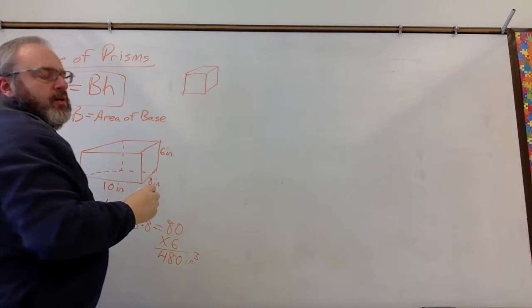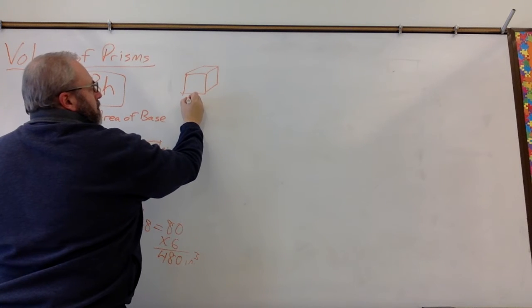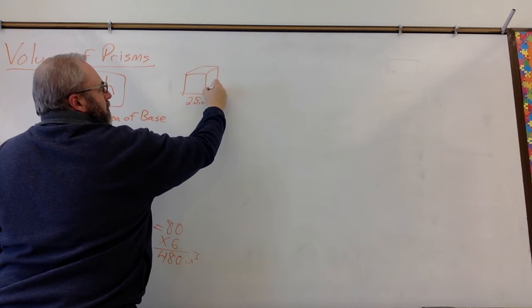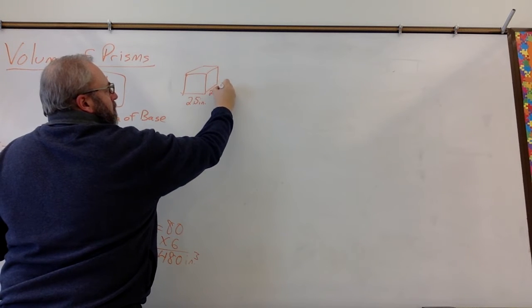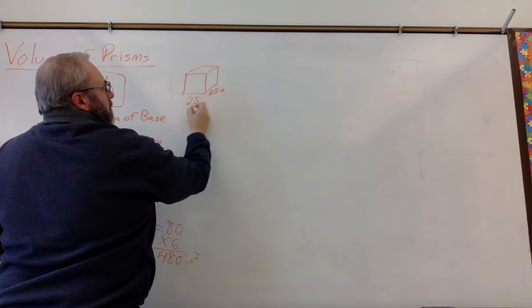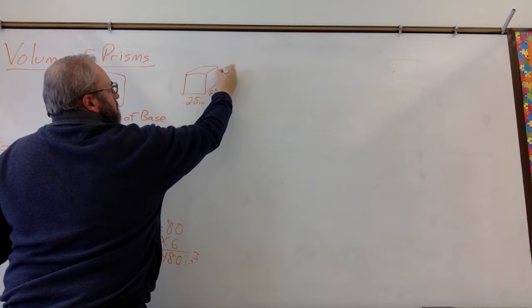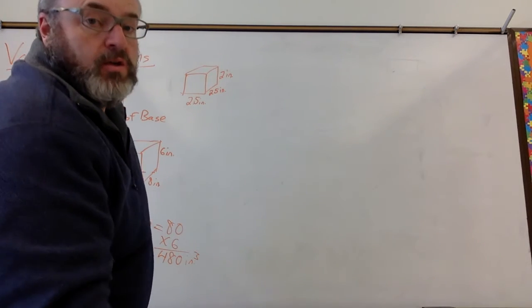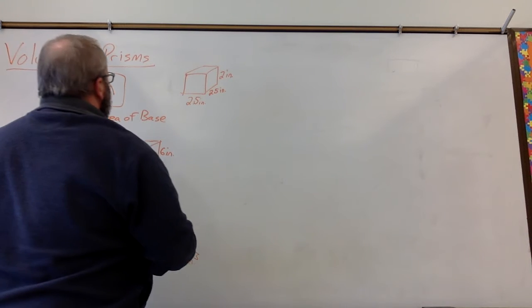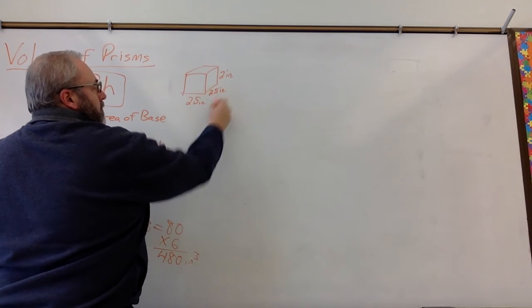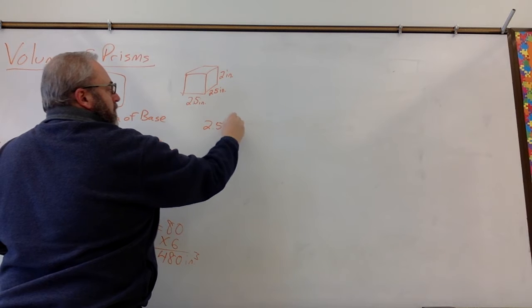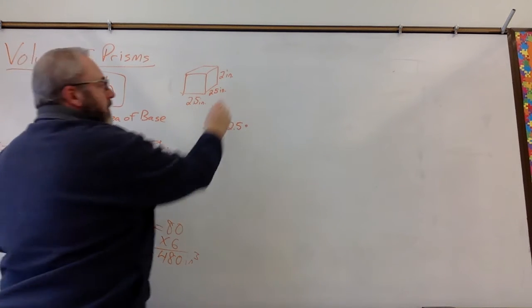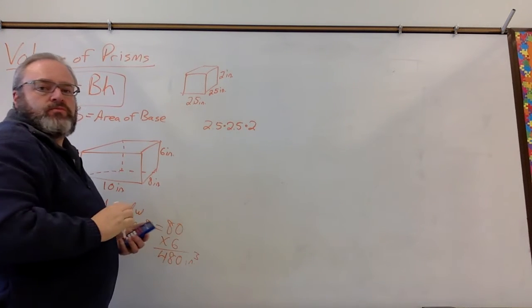This time, let's say that the base is 2.5 inches. The width is 2.5 inches, so the length, the width, and the height is 2 inches. So to find the volume, we're going to multiply 2.5 times 2.5, which is the area of the base, times the height, which is 2.